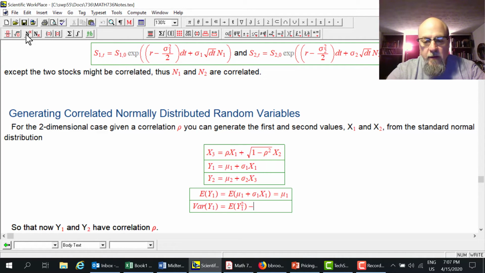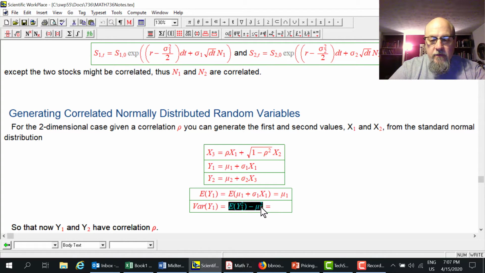We already know what the expected value of y1 is. It's mu1. So expected value of y1 squared minus expected value squared.